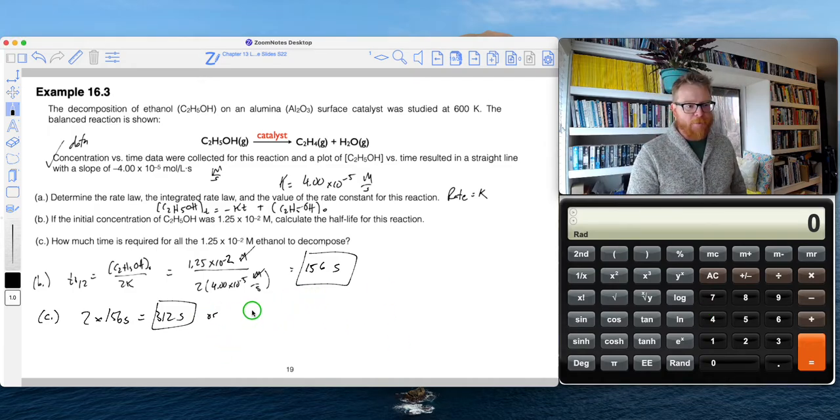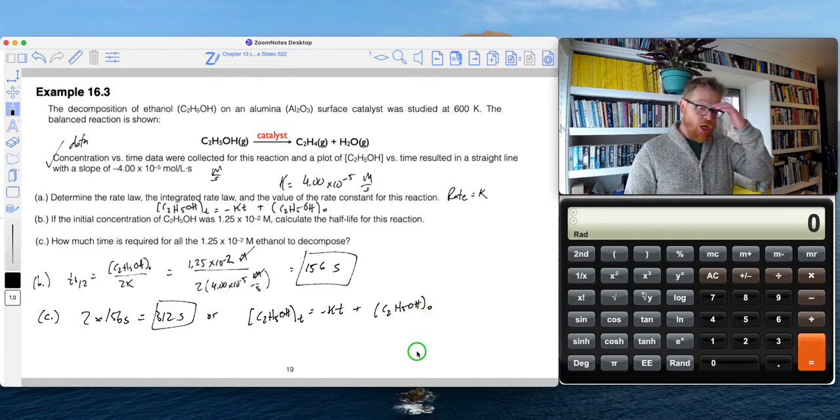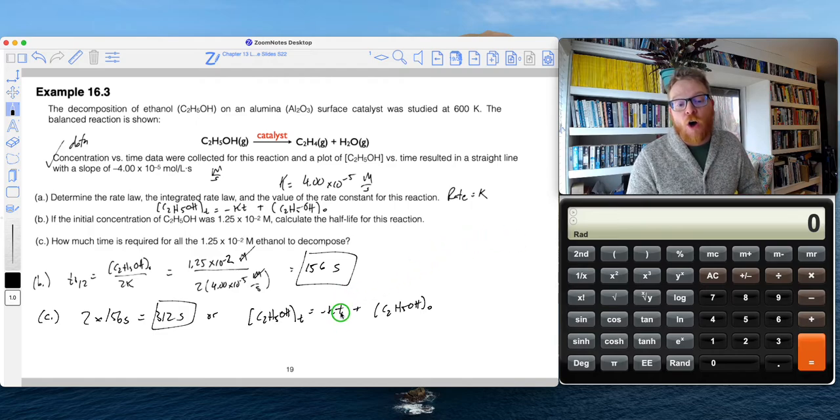We could set up that integrated rate law, [C2H5OH] at time t equals negative kt plus [C2H5OH] initial. I'm going to plug in everything that I know, and solve for t. So if we want to say how much time is required for all of it to react, then the ethanol at time t is 0.